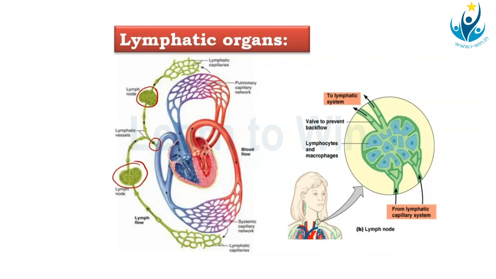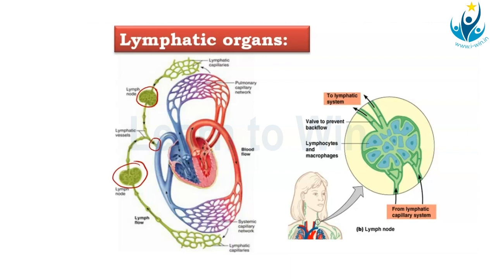He puts two hands and checks near the lymph region to see whether the lymph nodes are swollen or not. These structures are called lymph nodes, which when I expand microscopically, look like this.